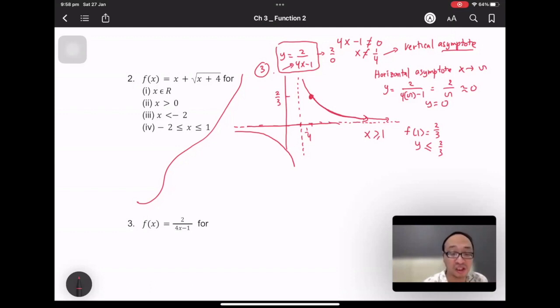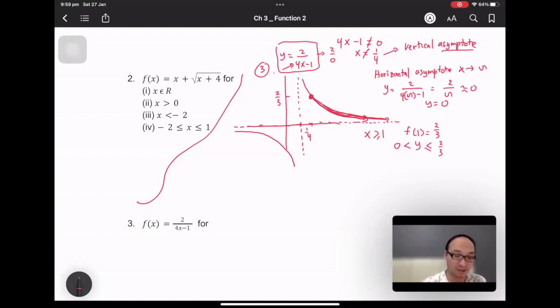So technically, the range will be limited from 0 as the minimum point to 2 over 3 inclusive. So between 0 and 2 over 3 inclusive. 0 is exclusive because it will never be 0.